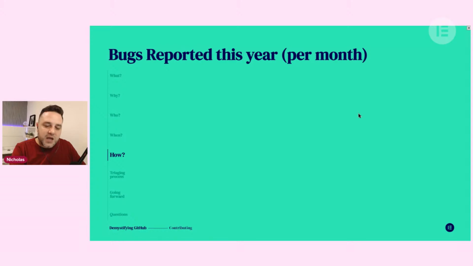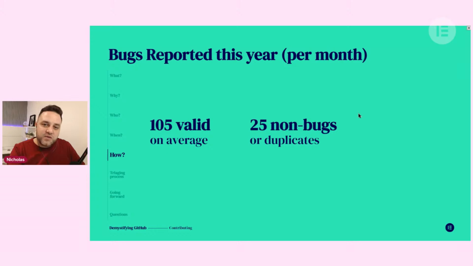So what ends up happening is that on average, we have 105 valid issues, but from those issues, on average per month, at least 25 of those are not bug reports or known bugs, which means that users could easily solve them by visiting the help center.